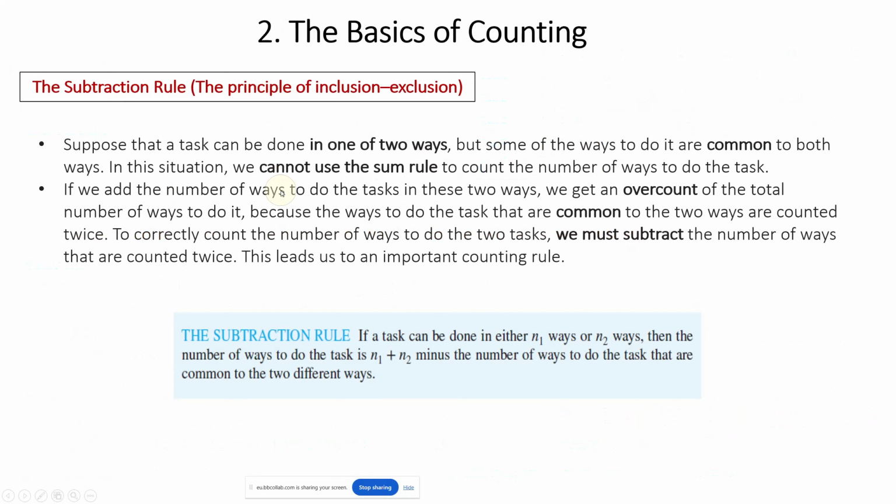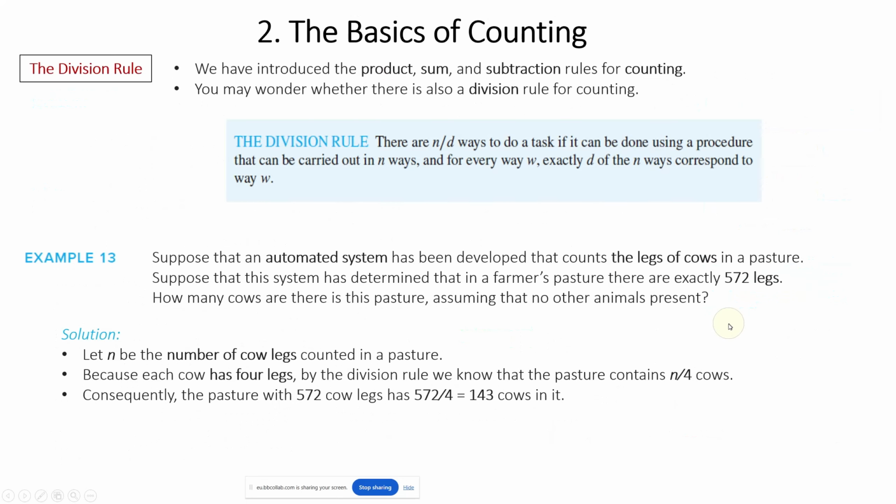If there is a common way between the two ways, then this is coming back to the subtraction rule, which is going to be the number of ways of the first plus the number of ways of the second, and then I need to subtract whatever they have in common. And the last one we've seen, besides the three representations, is about the division.